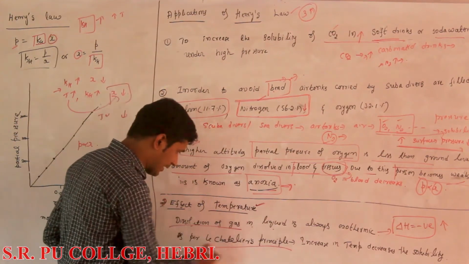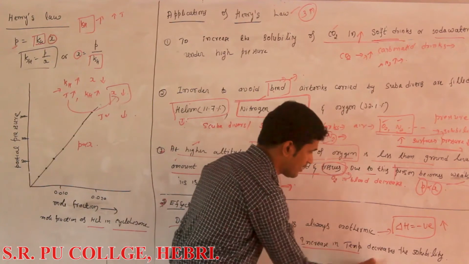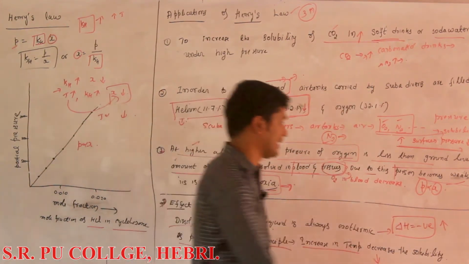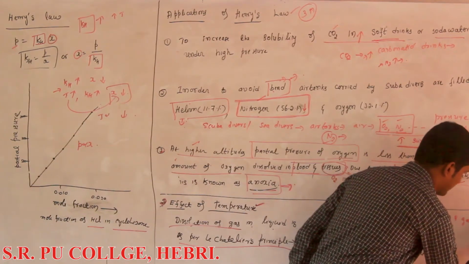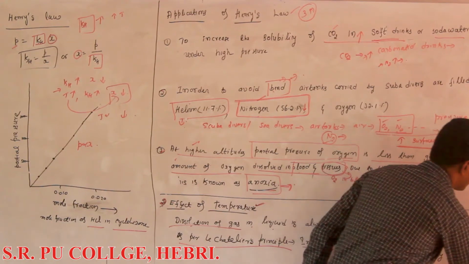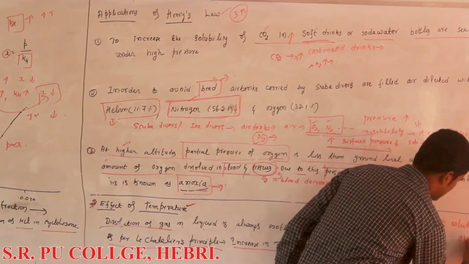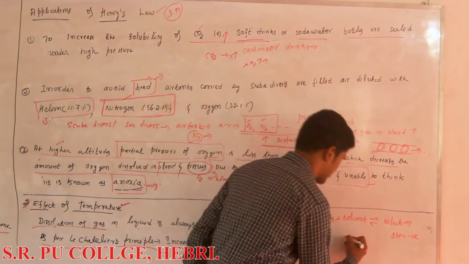When you increase the temperature, according to Le Chatelier, what happens to solubility? Solubility of gas in liquid decreases. So here gas plus solvent gives you a solution, and this process is exothermic. Dissolution is exothermic.